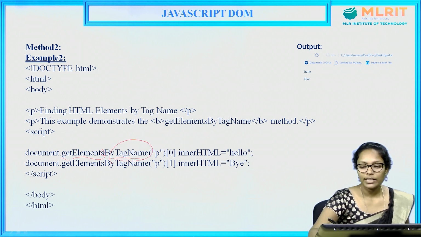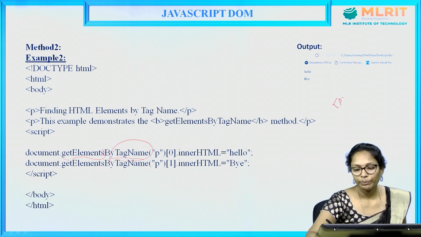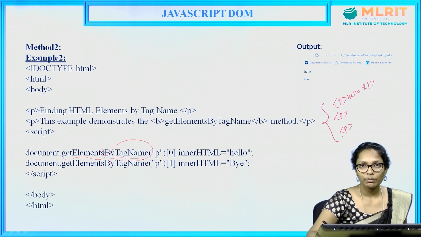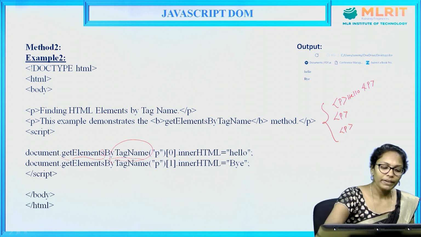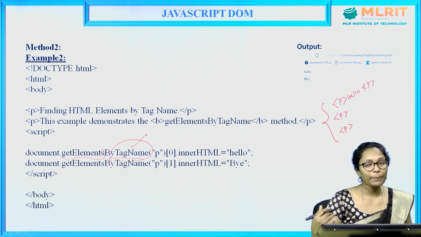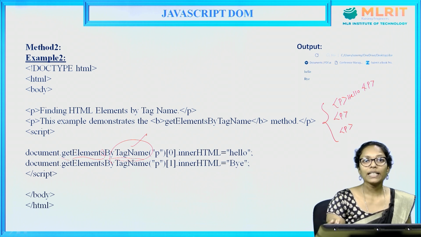For example, I am just writing a P, hello. And I am writing one more P. So totally you have 3 P's in your program. If I call this method, how many P's do we have? 3 P's, so obviously it will return 3 P's.